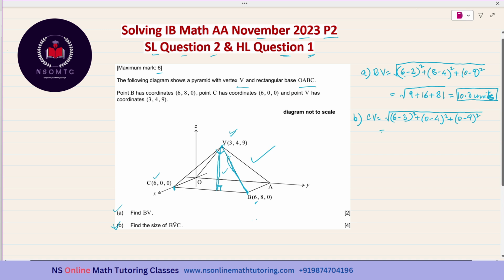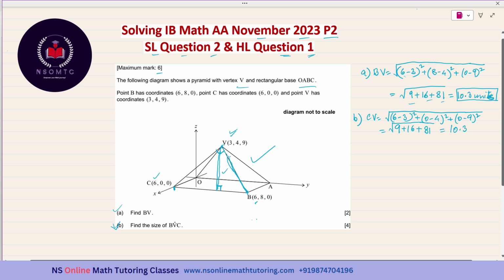So this is equal to 6 minus 3 is 3, 3 square is 9, and 0 minus 4 is minus 4 whole square is 16, and 0 minus 9 is minus 9 whole square is plus 81. So these are exactly the same numbers that we had got previously. So we know the answer, that is equal to 10.3 up to 3 significant figures.